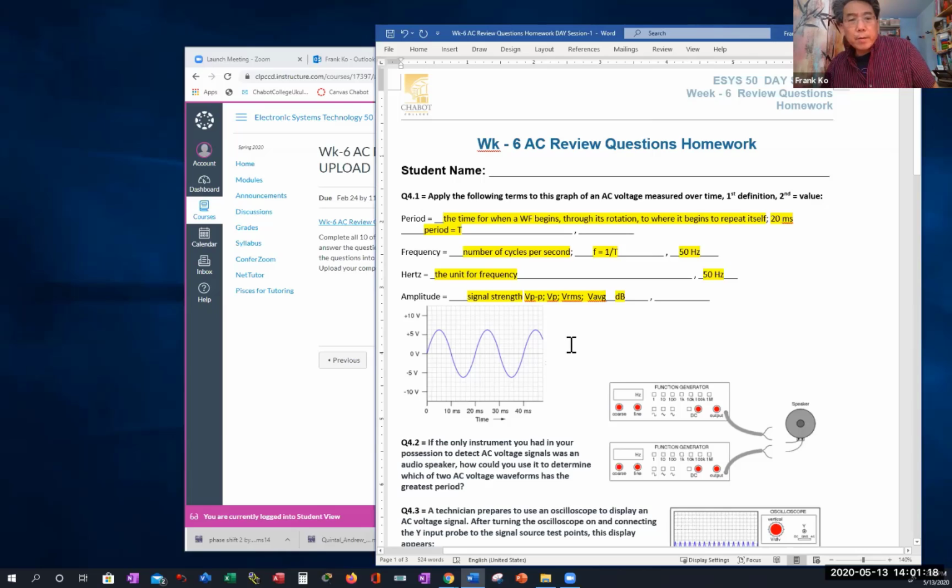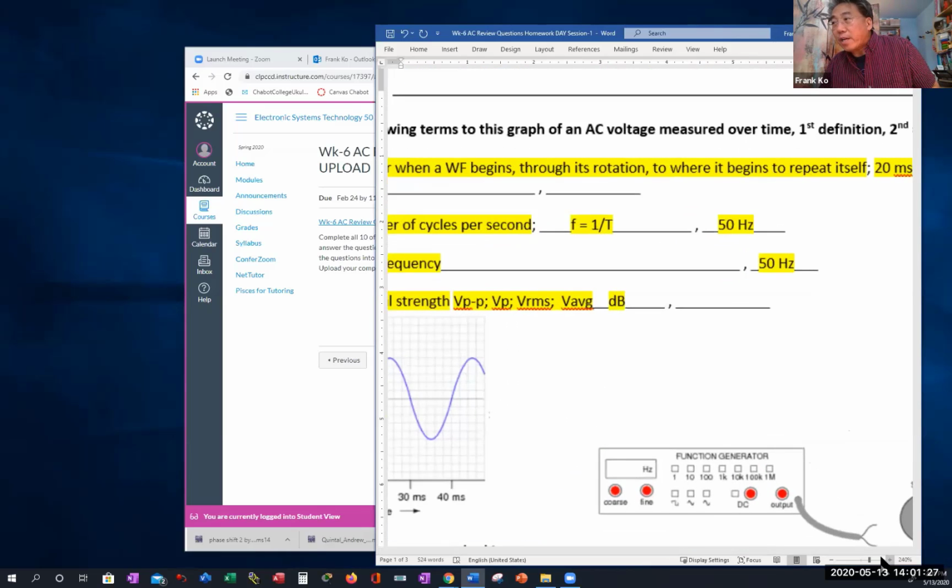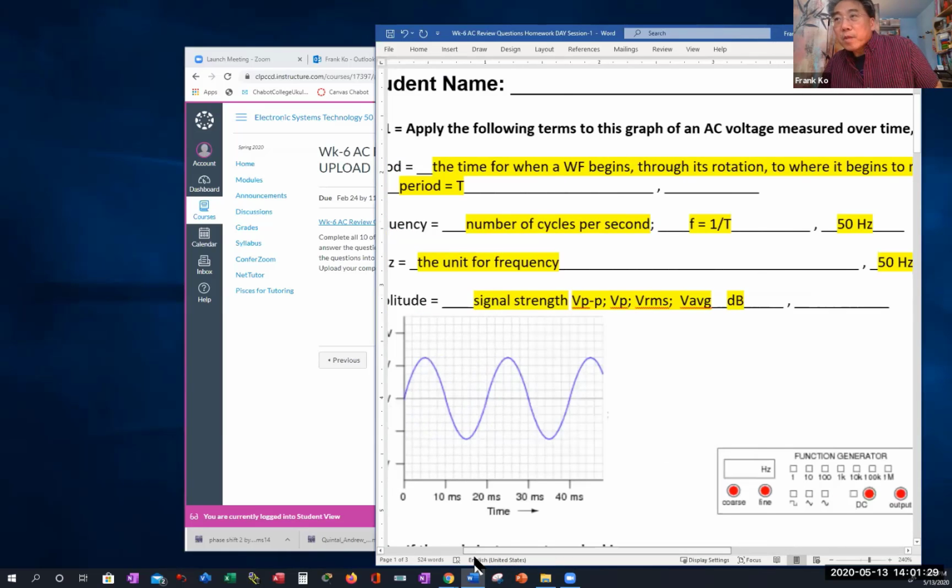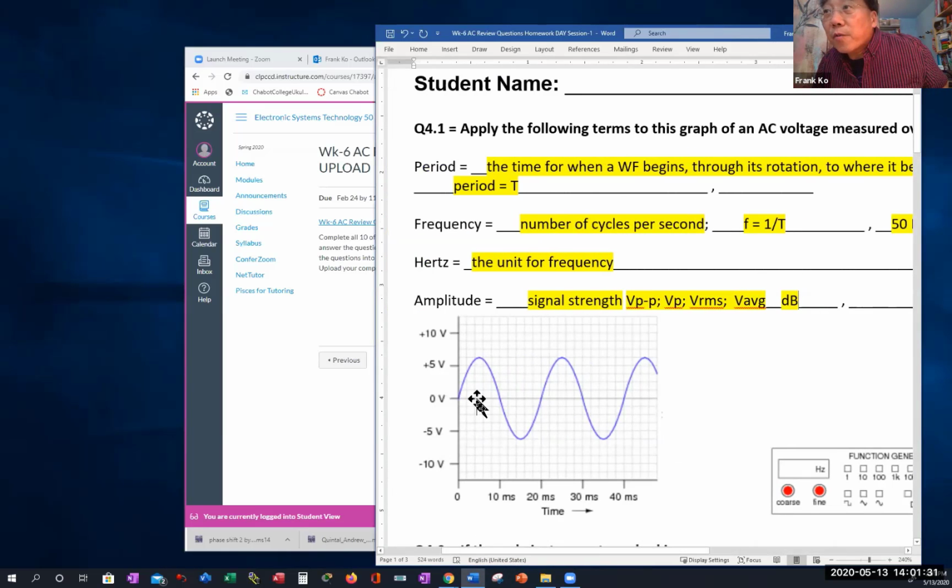Okay. So what would be the amplitude of this particular waveform? If we go to magnify this, we would count from the 0 line, 1 division, 2 divisions, 3, 4, 5 divisions. Wait, 1, 2, 3, 4.